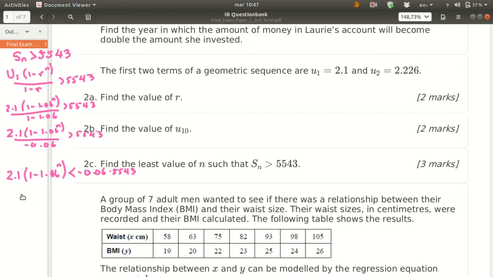Now we're going to divide by 2.1. So 1 minus 1.06 to the power of n is less than negative 0.06 times 5,543 divided by 2.1.